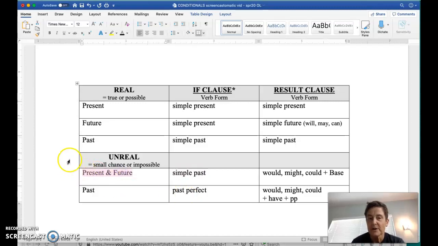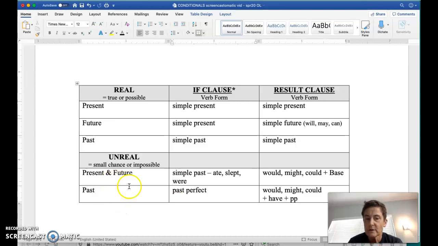So I'm talking right now about unreal, present, and future. Simple past would be verbs like ate, that's simple past. Slept, that's simple past. But for be verb, it's usually was or were. But no, it's not. Now it's only were.